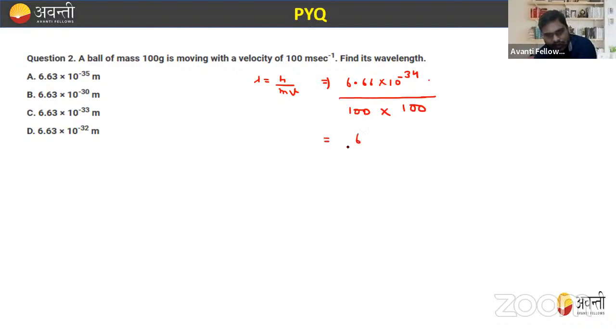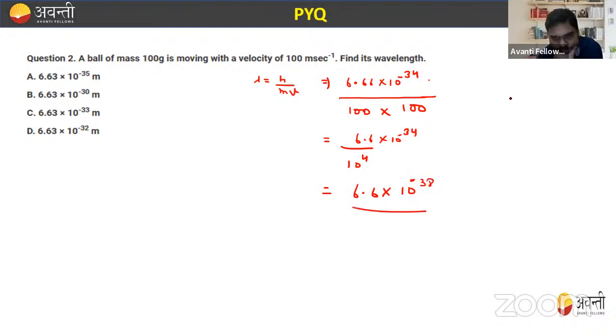Approximately, it comes out to be 6.63, and the power of 10 is minus 34. You can take mass in gram, okay.